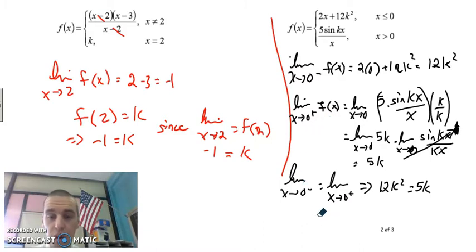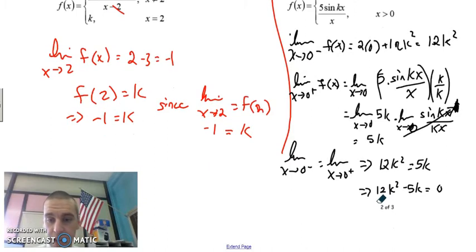So we set them equal and solve for k. That implies that 12k squared minus 5k has to equal 0. And then we can factor a k out and get k times 12k minus 5 equals 0. And you're going to get k to equal 0 and k to equal 5 over 12.